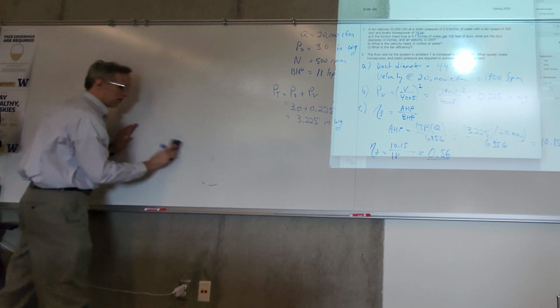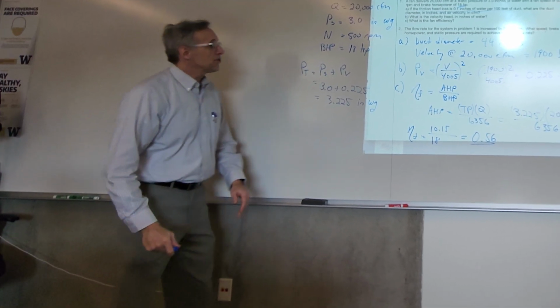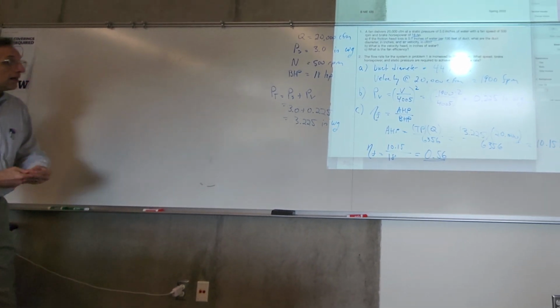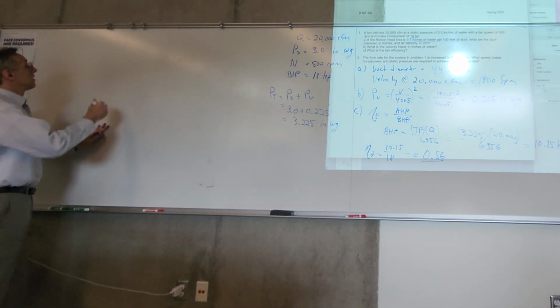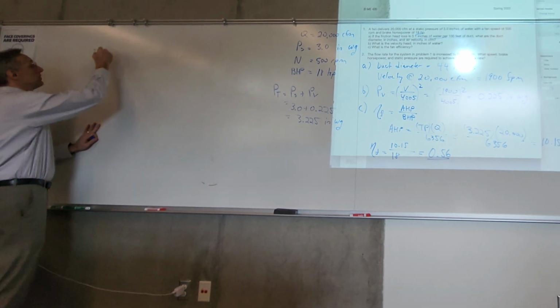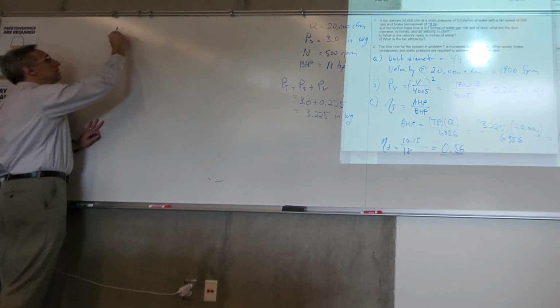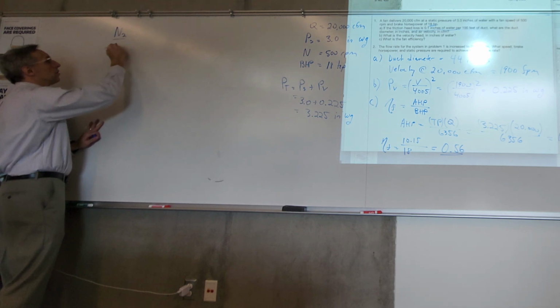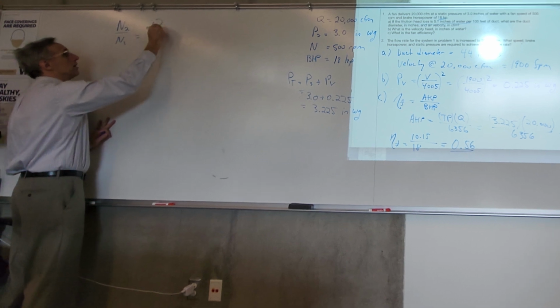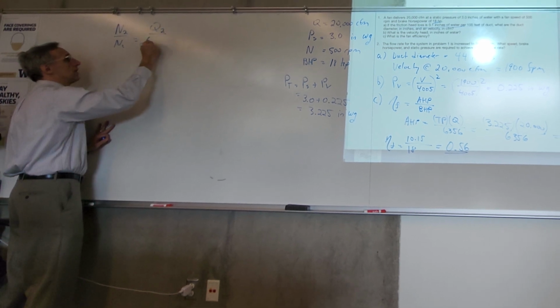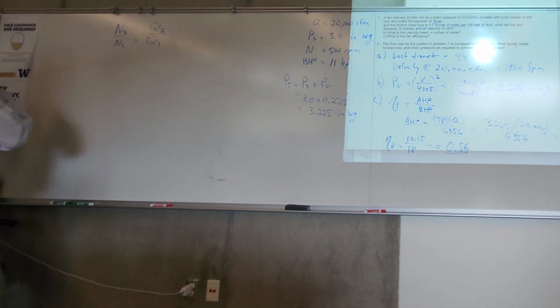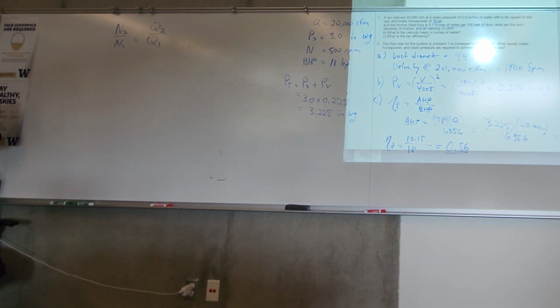And this is where our affinity equations come in. Let's see, we have the fan speed is directly proportional to the flow rate. That's the easy one.